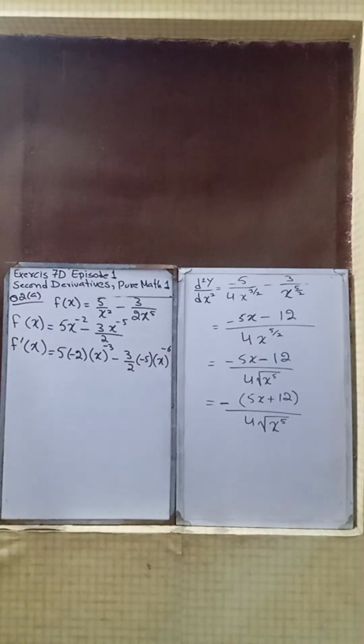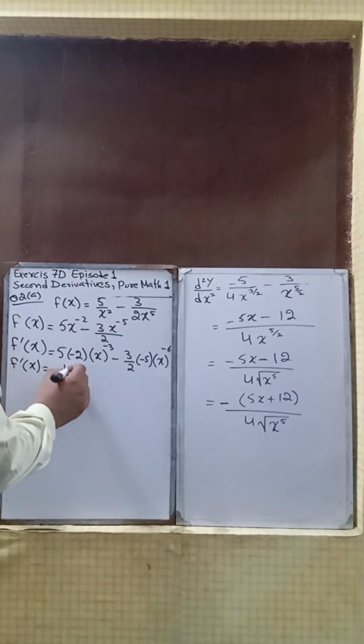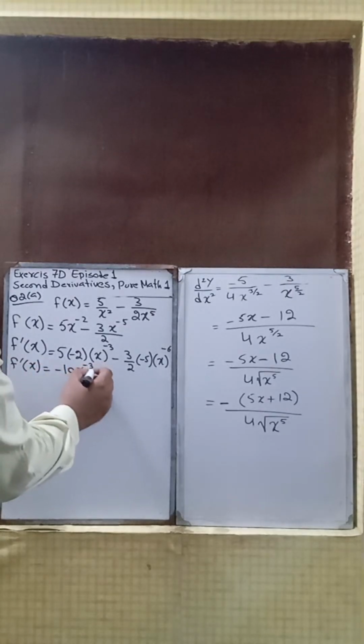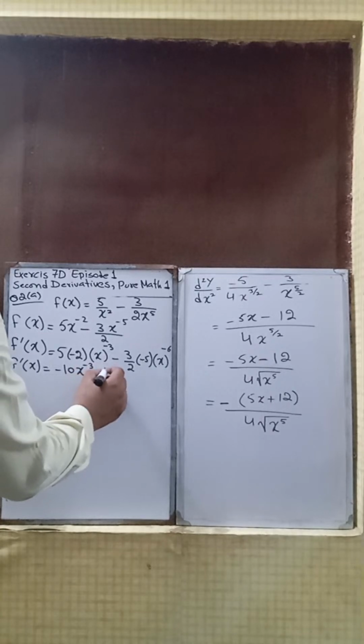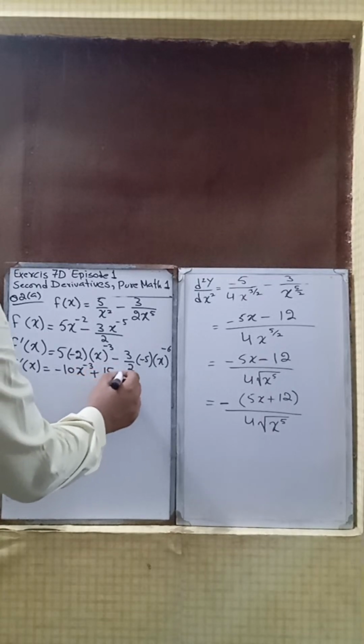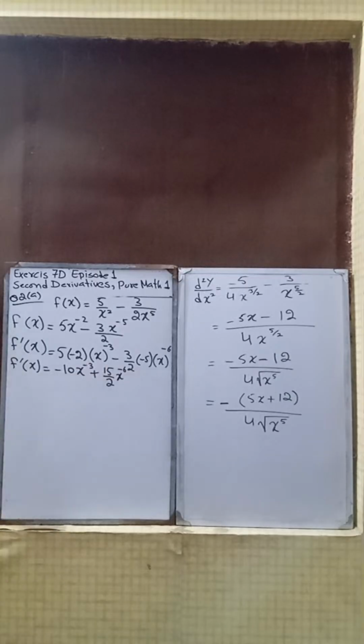Okay. So my first derivative will become minus 10x raised to power minus 3 plus 15 by 2x raised to power minus 6. So this is my first derivative. Then I will differentiate it again.